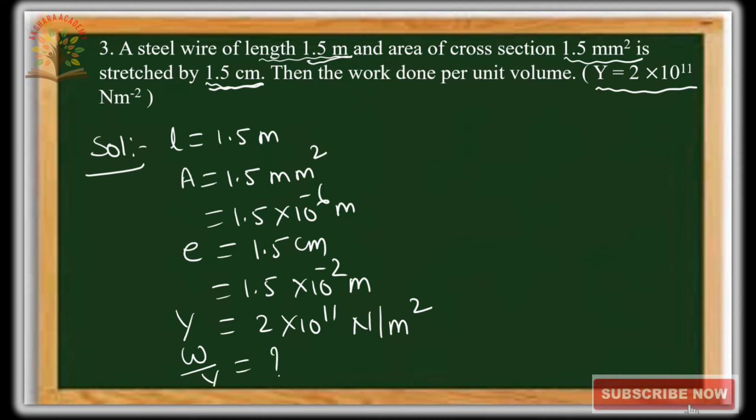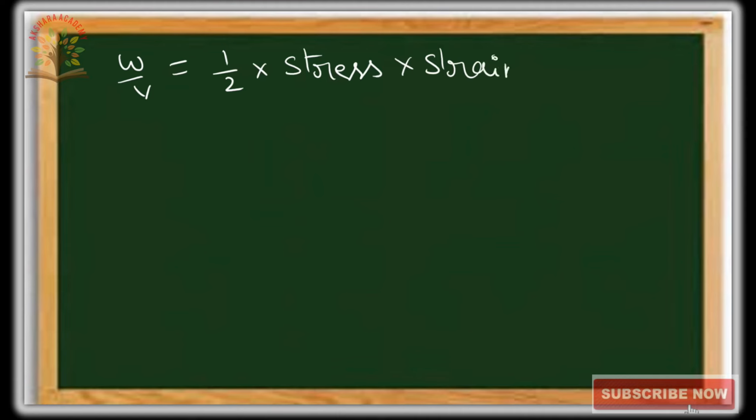Now we will write the formula for work done per unit volume. Work done per unit volume, W by V is equal to half into stress into strain, that is equal to half into stress, we can write as Y into strain, into strain.